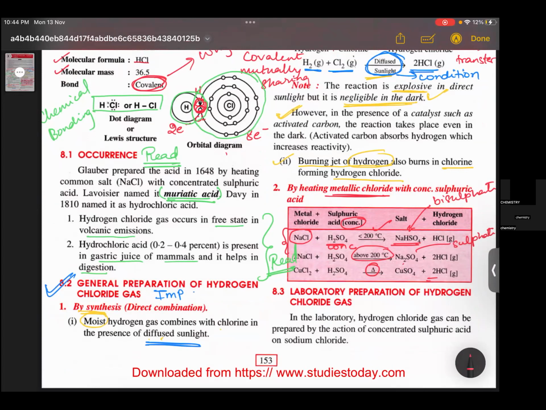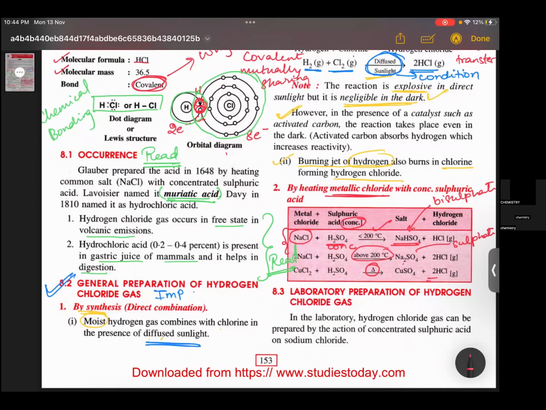If you're using NaCl, you have to specify the temperature. If it's below 200 degrees Celsius, you will be getting a bisulfate. If it's above 200 degrees Celsius, you will be getting a sulfate. Again, you have to balance your equations, and that's very important. Below H2SO4, you have to write that it is concentrated.